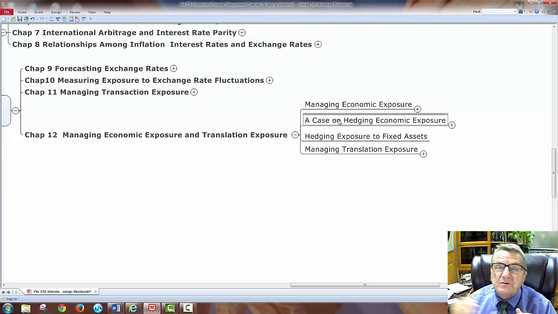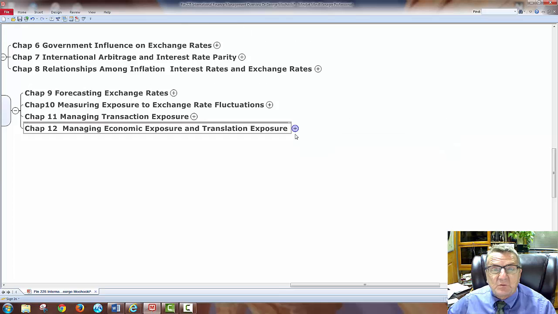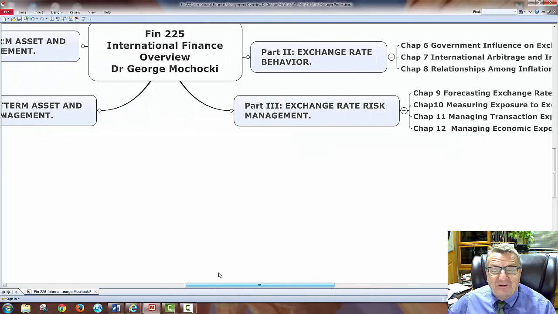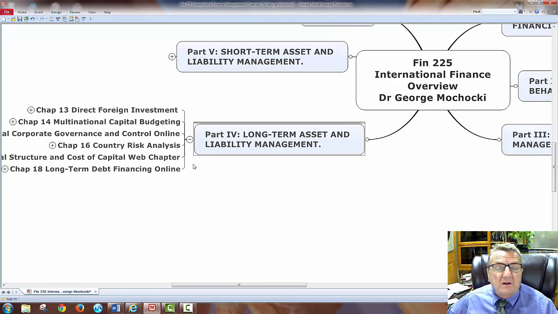Do I have to increase my risk factor on that? So it may not be a very favorable thing to accomplish. Okay, and managing translation exposure. Boy, my tongue is really hard today. Okay, we only have a few more. We're almost done here. Okay, then the next one.